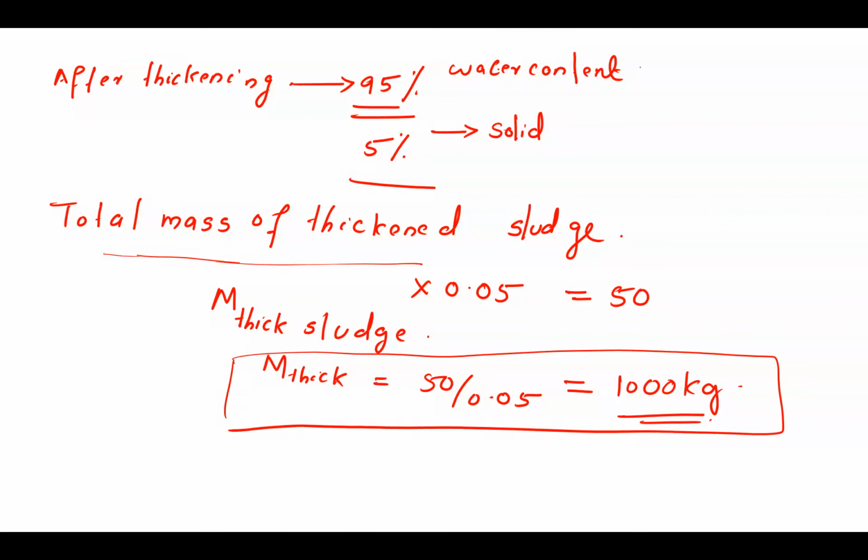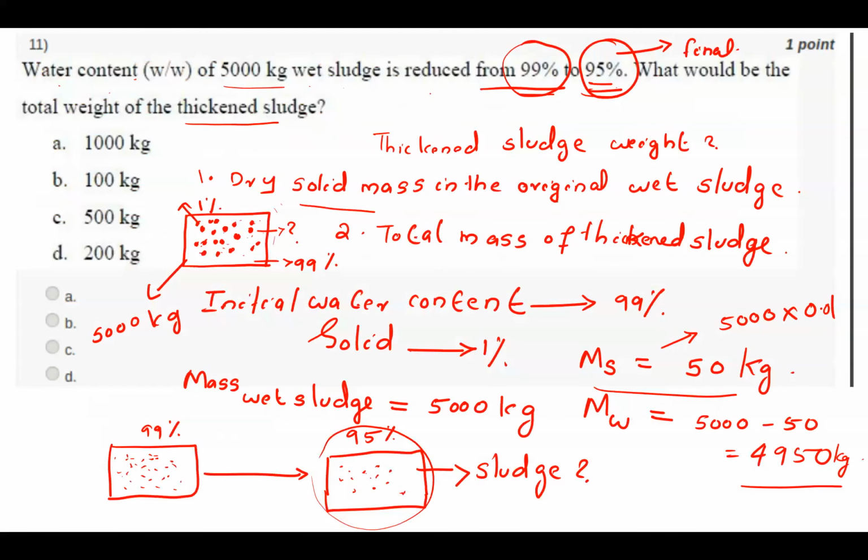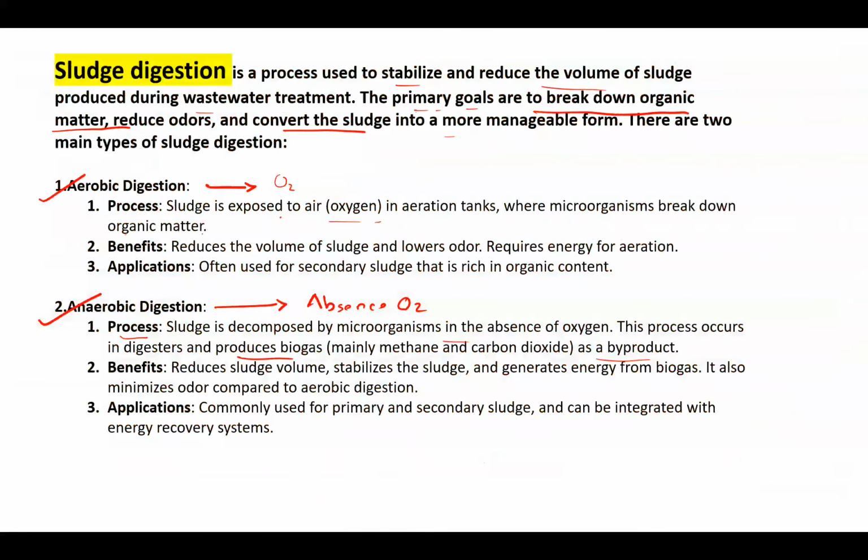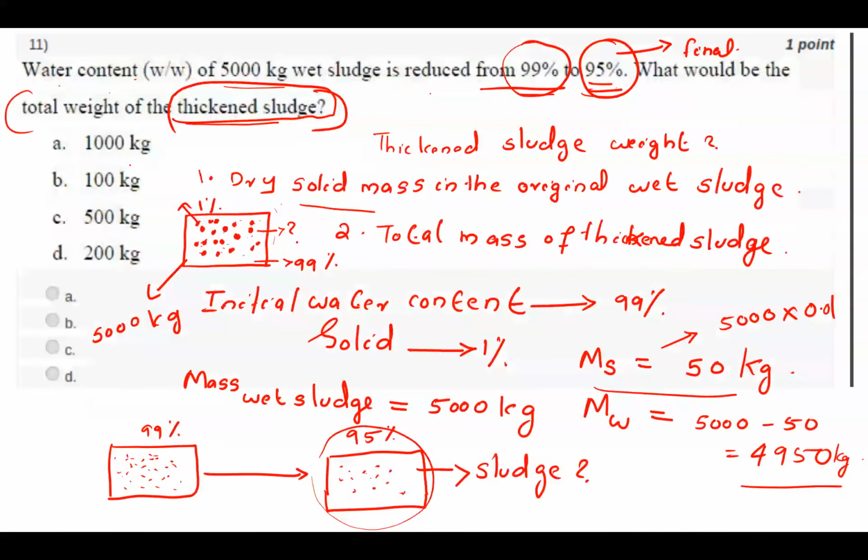So the question is, you need to calculate total weight of the thickened sludge. Only for the thickened sludge we need to calculate the mass of the solid. So we have calculated 1000 kg. So the answer will be A. Any doubt? We don't need to calculate the full weight.